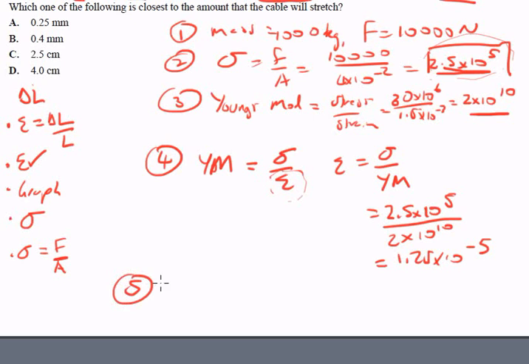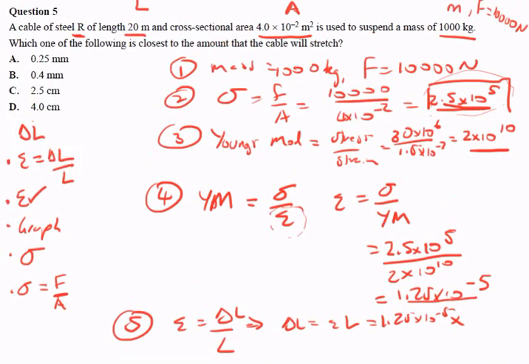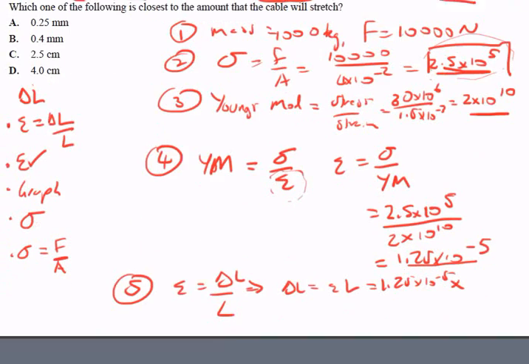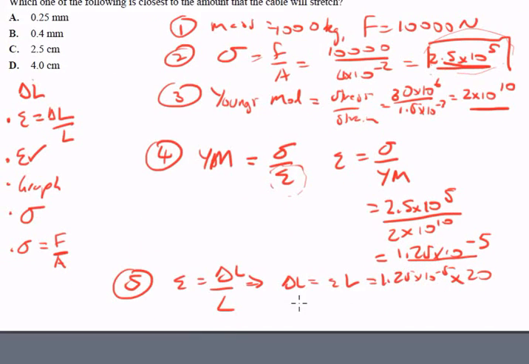So the last step is strain equals change in L over L. So change in L equals strain times L, which equals 1.25 by 10 to the minus 5 times, I got that from there, my L is 20 meters, times 20, which gives 0.25 meters.